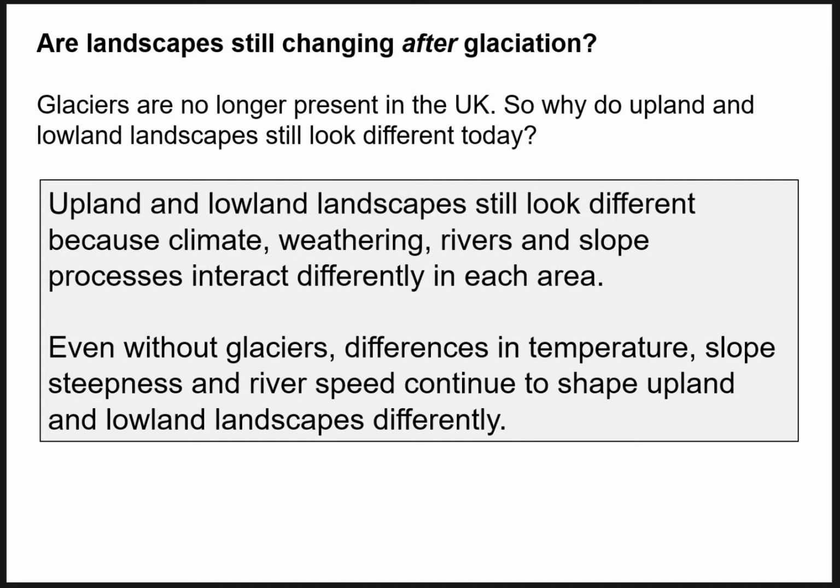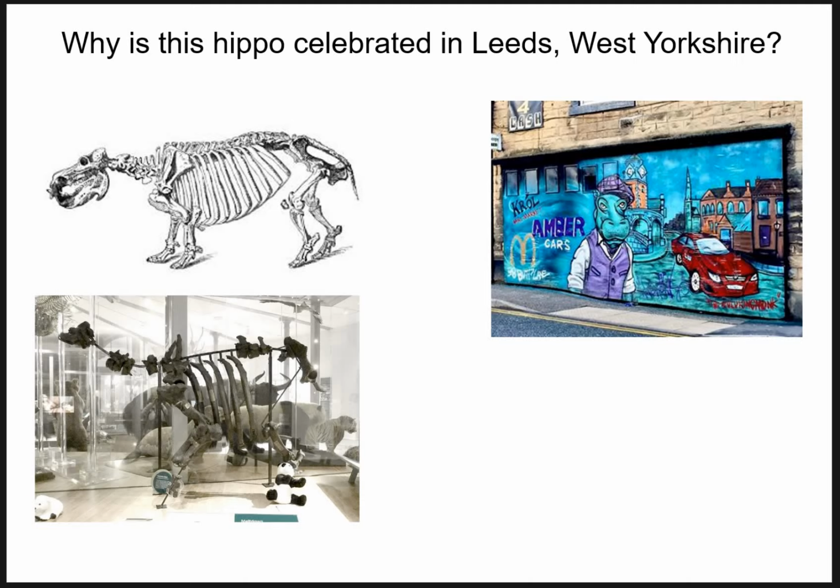And here's a fascinating piece of evidence. This is the skeleton of a hippopotamus discovered near Leeds. Now, of course, we certainly don't have hippos wandering around Yorkshire today, but what does that tell us? It tells us that Britain's climate hasn't always been the same.